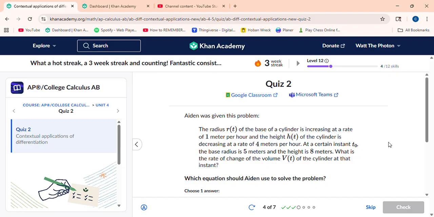If we figure this out, we get V prime equals 2 pi times 5 times 8, and then dr/dt is 1, plus pi 5 squared, so that's 25, times -4. So we get 80 pi plus 25 times -4, -100 pi, which is equal to -20 pi.